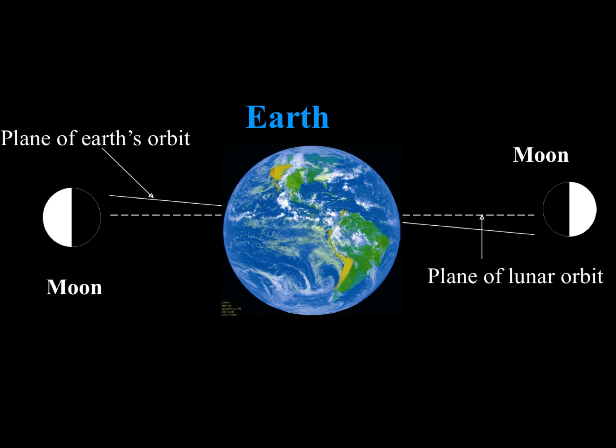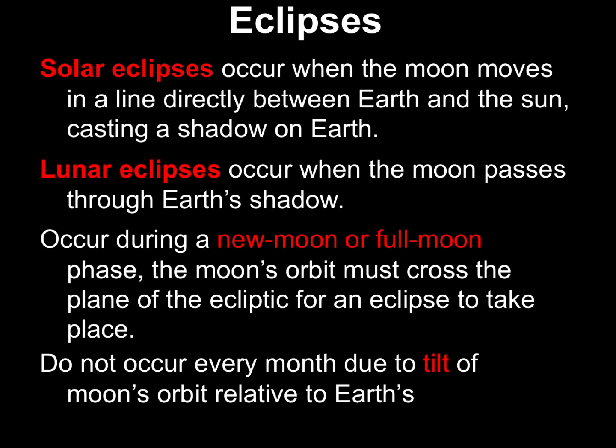Notice again how similar those two words are. And that's because they're related. Eclipses happen when the moon's orbit happens to line up with the plane of the ecliptic. Solar eclipses occur when the moon moves between the Earth and the sun, blocking the sun's light from Earth's view.